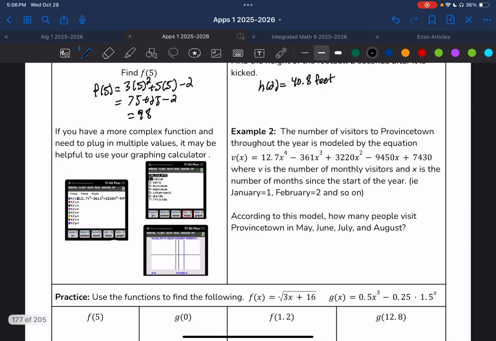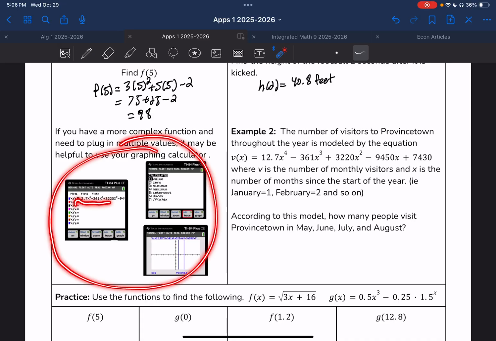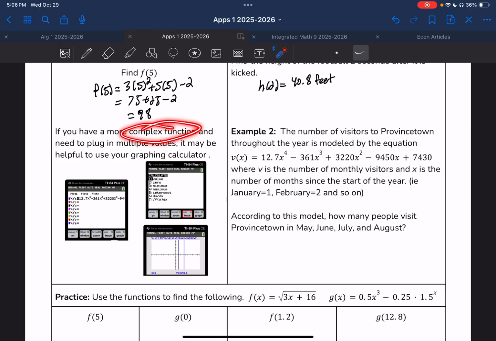But the thing I want you to consider, which you do not need to do, is that you can take it the long way, but sometimes it might be worth your while to use the value function on the calculator, where you put the function in y1 and then use the value command. An example where that might be useful is if you have a complex function and you need to plug in multiple values. For example, the number of visitors to Provincetown throughout the year is modeled by this equation.